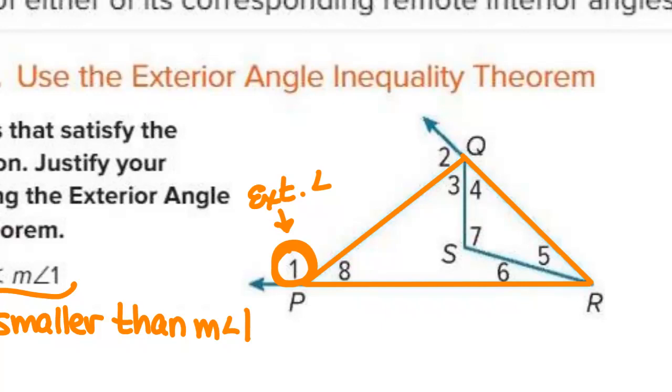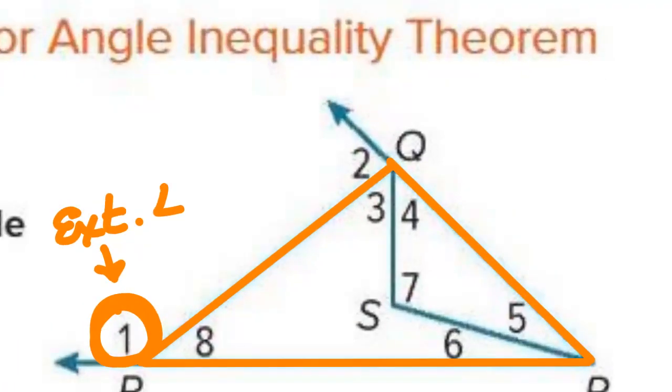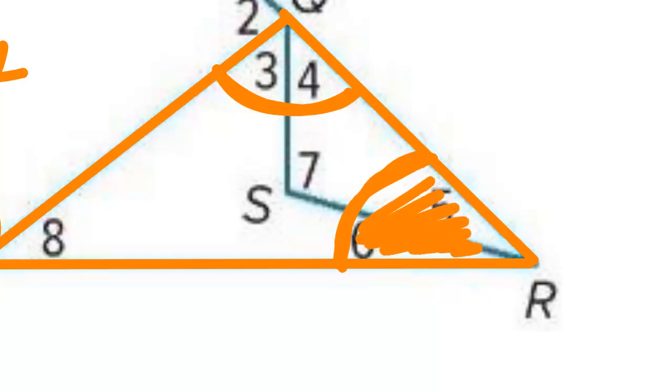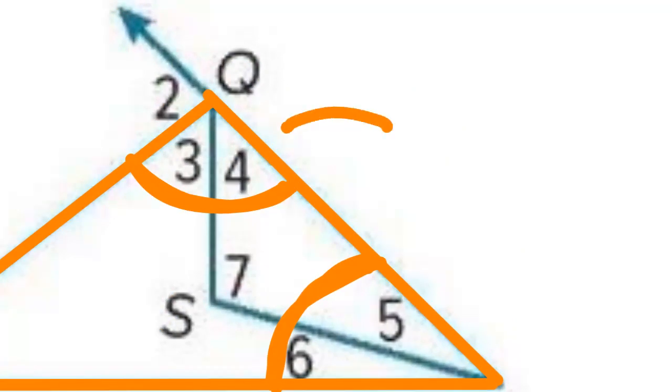The remote interior angles that go with angle 1, well, that would be those two put together, right? Because that makes the angle in this corner. The other remote interior angle would be these two put together, because again, that makes the angle in this corner. So these are my remote interior angles.